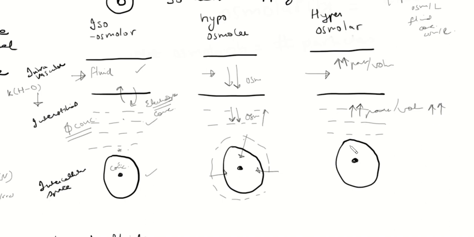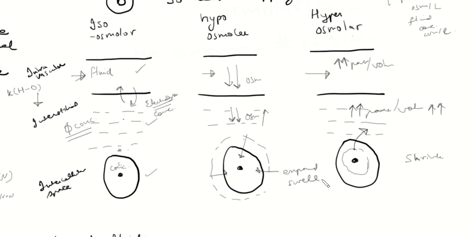Water is going to move from where it's more, which is inside, to outside to make sure all three compartments have the same osmolarity. So when water moves out, the cell is going to shrink.